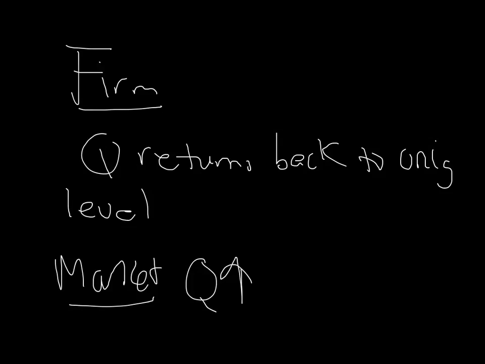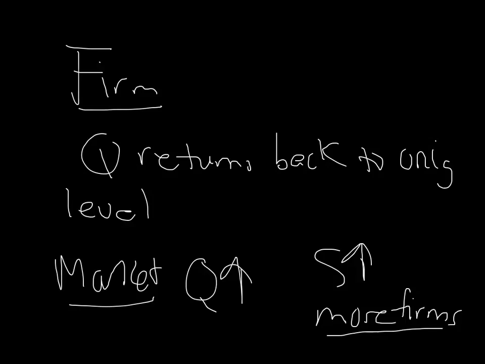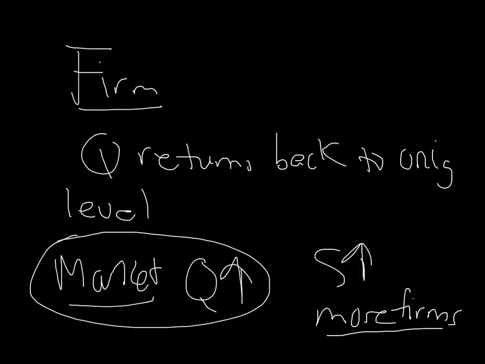Well, the answer is, of course, since supply increased, there are more firms than before in the marketplace. So there are more firms that are producing the same amount as before. Therefore, when more firms produce the same amount as before, overall in the market, the output increases.